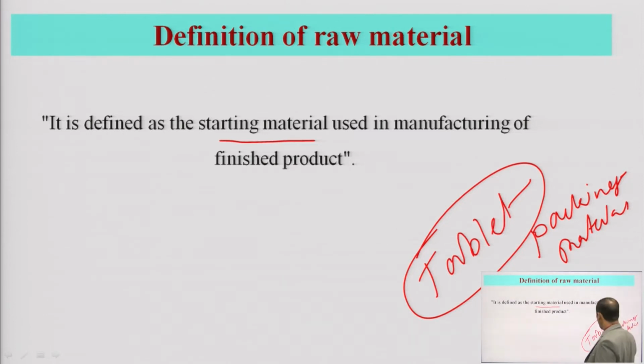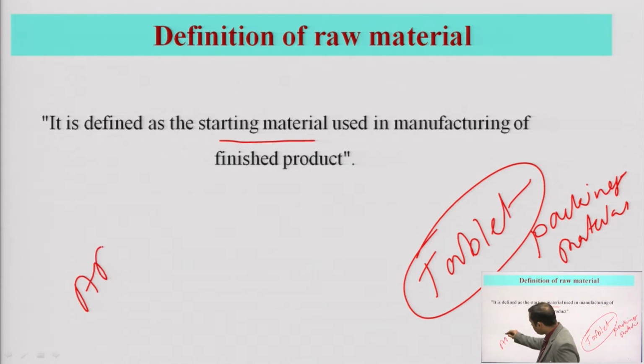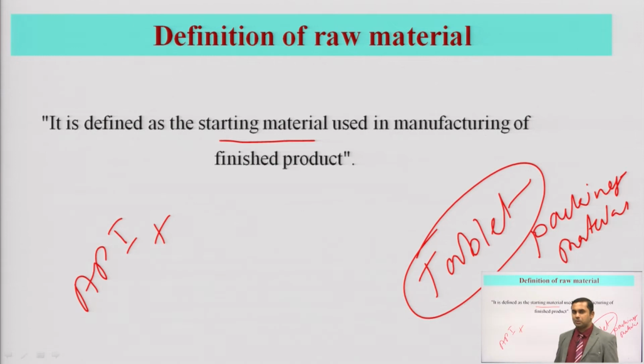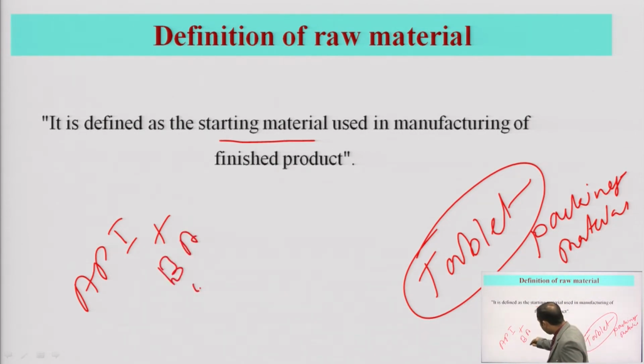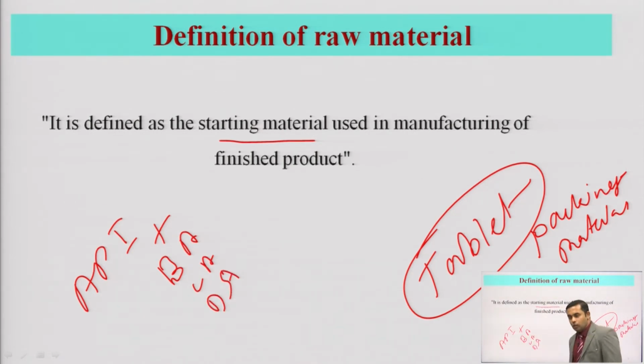Now, what about the tablet you have produced? You have used one API, plus lots of excipients like binding agents, lubricating agents, disintegrating agents. You might have used some stabilizing agents, and agents which help in disintegration or dissolution.